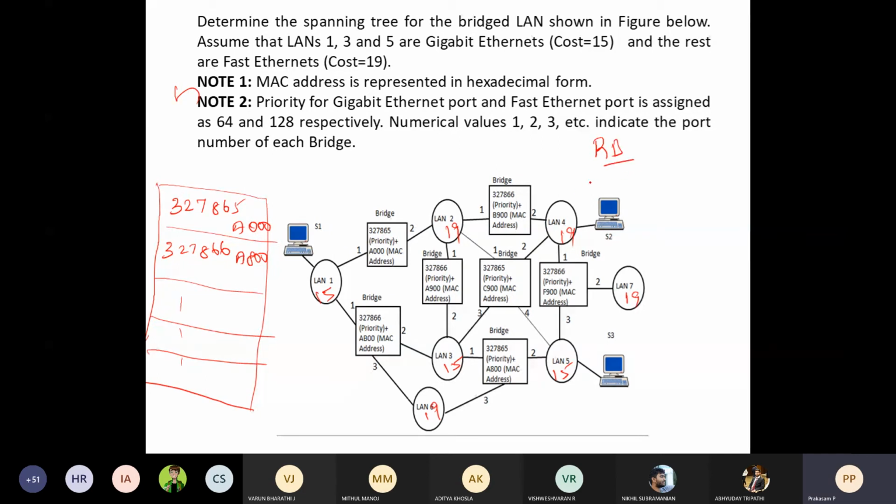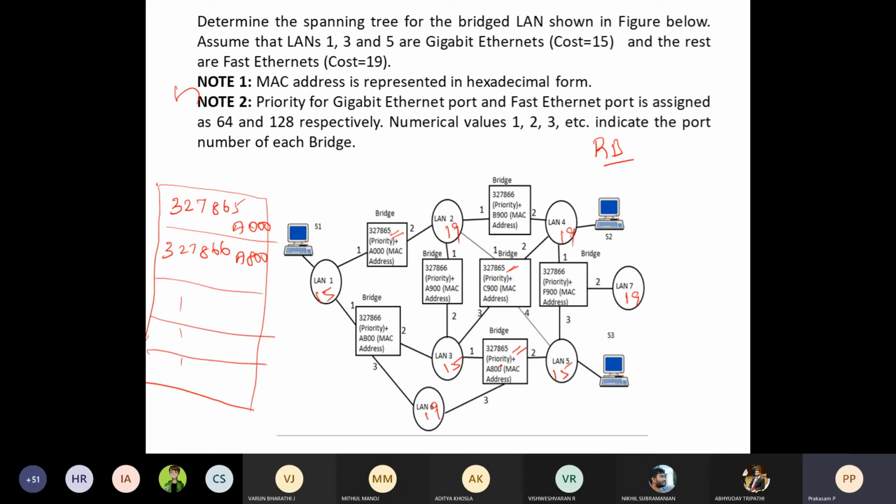Root bridge. How will you select the root bridge? It is the lowest bridge ID. The combination of priority plus MAC address is one bridge ID. If you see here, these are 32786 5, 32786 6, and so on. Only three bridges have 32786 5.